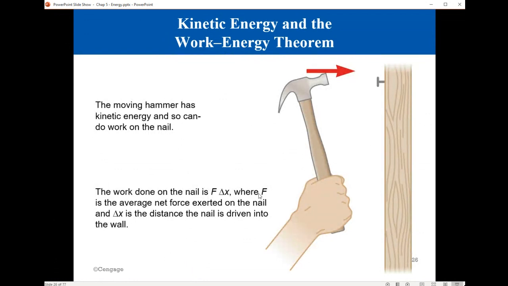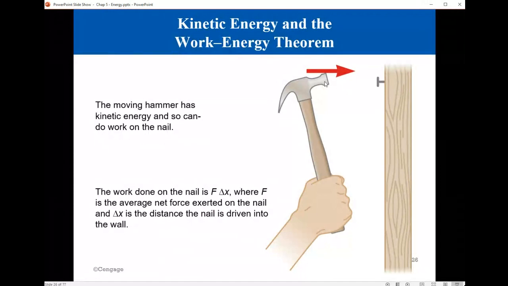Consider this situation. The hammer here is moving and knocking on this nail. So the hammer has kinetic energy. Because it has kinetic energy, it can do work because of this relationship between work and kinetic energy. So as it hits the nail, it is stopped.